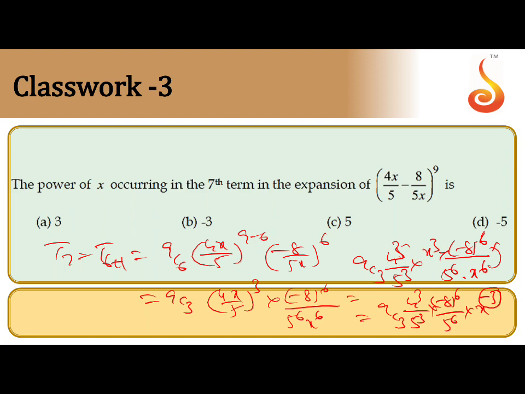The power of x is minus 3, that is the answer. So just write the general term and simplify the power of x. You can take it as the answer. The power of x occurring in the seventh term in the expansion is what we want only. So minus 3 is the answer. So a bit of fast calculation is required in this one. So let us start solving problems yourself. You get the fastness.